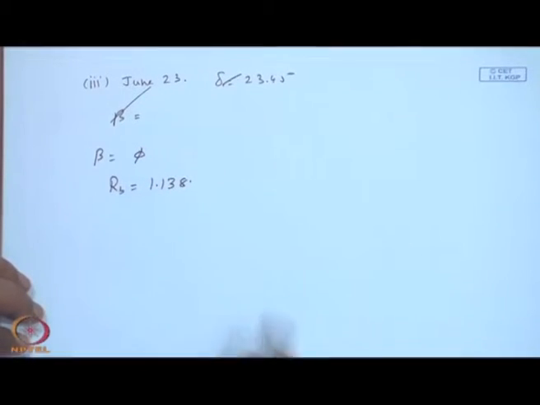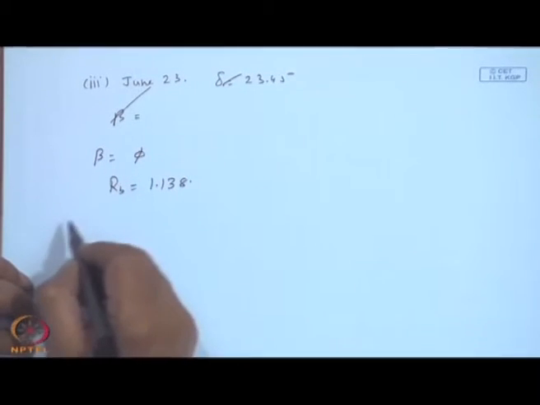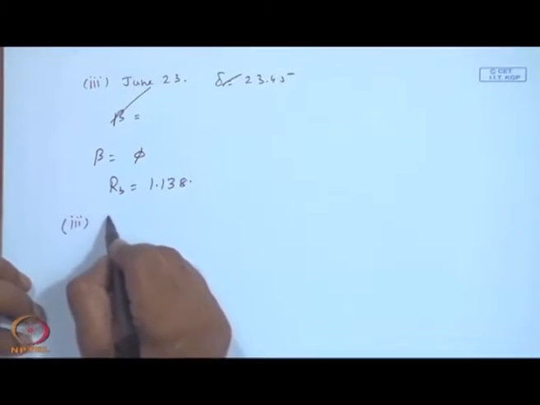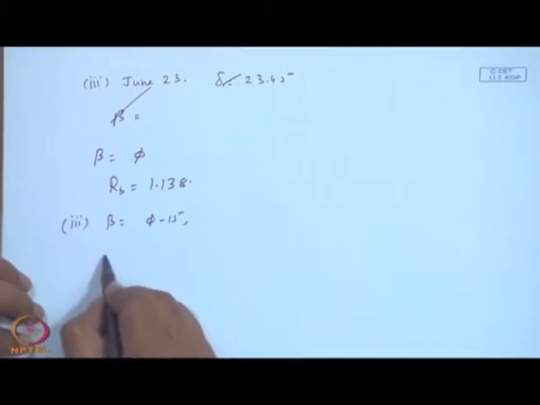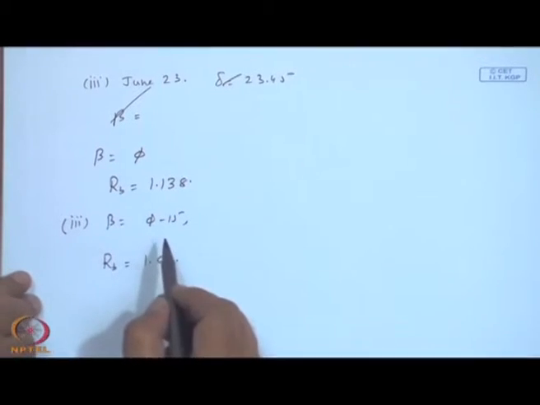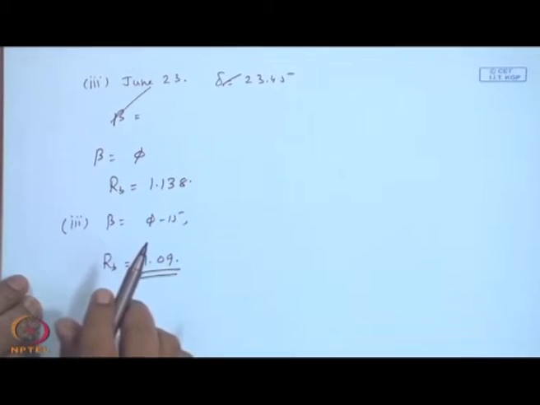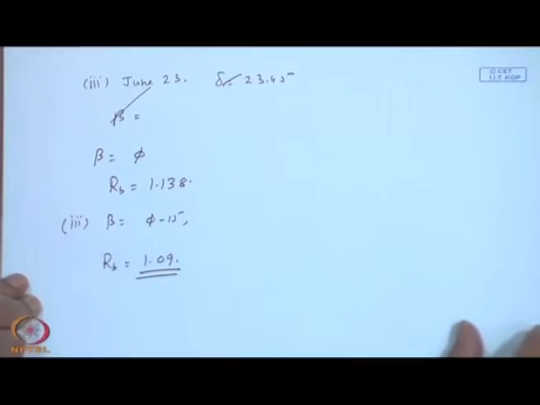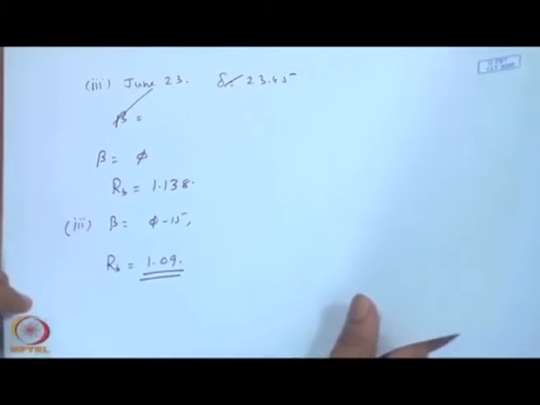It cannot be the same as beta is equal to phi plus 15. The third case is beta is equal to phi minus 15, for which RB is equal to 1.09. So, that phi plus 15 and phi minus 15, they give you the same RB factor in the month of March, because declination is 0. This will not happen if declination is non-zero. Okay.